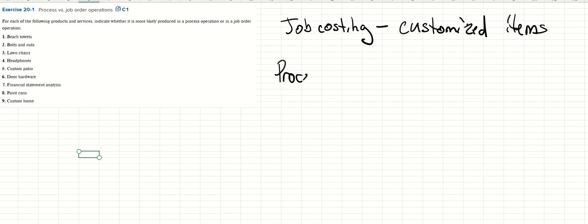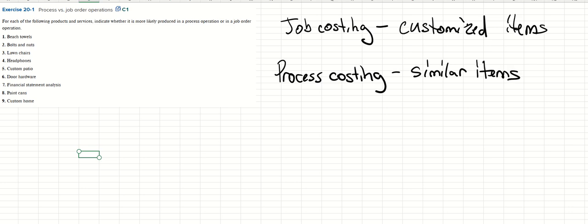Process costing is used on similar items, items that you are planning to mass produce, and they usually are alike or of like kind. For example, the chairs that you sit in a classroom, whether it's a lecture hall or a regular classroom.